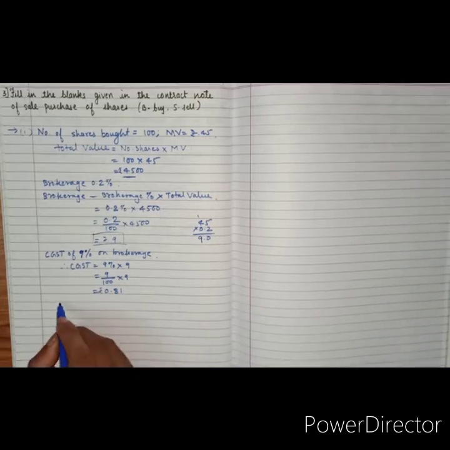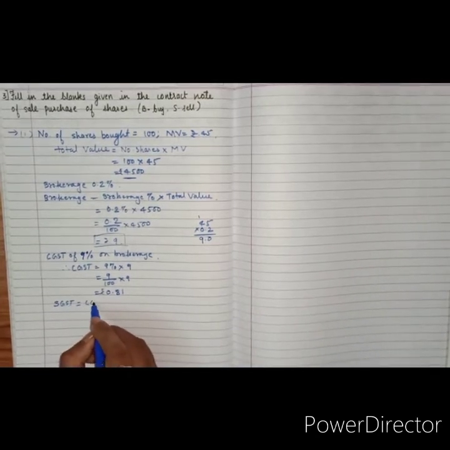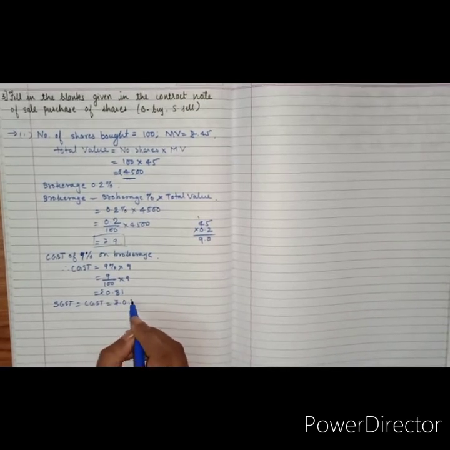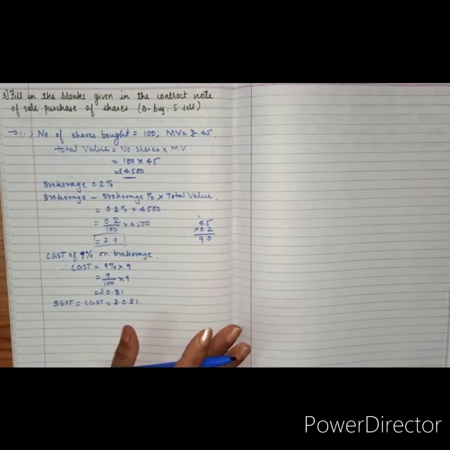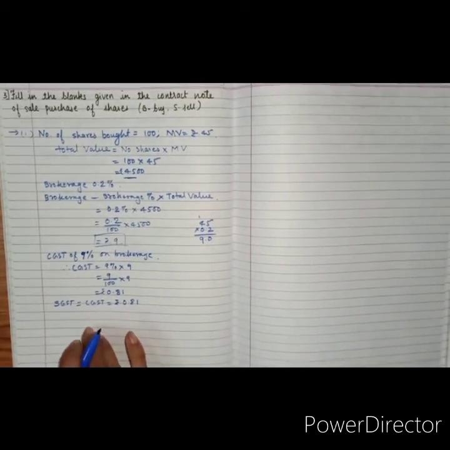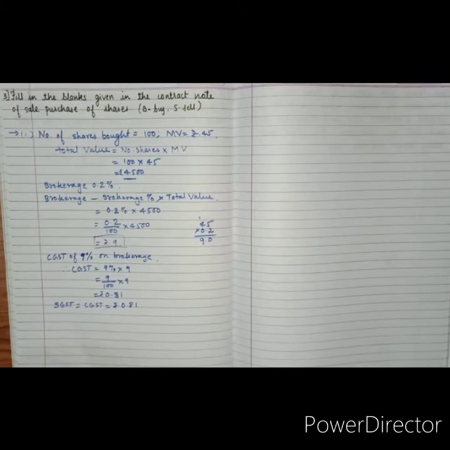What will be SGST? SGST will be equal to CGST because they are always the same. That is also rupees 0.81. Fine. What else is remaining? You need to calculate the purchase price, total value.